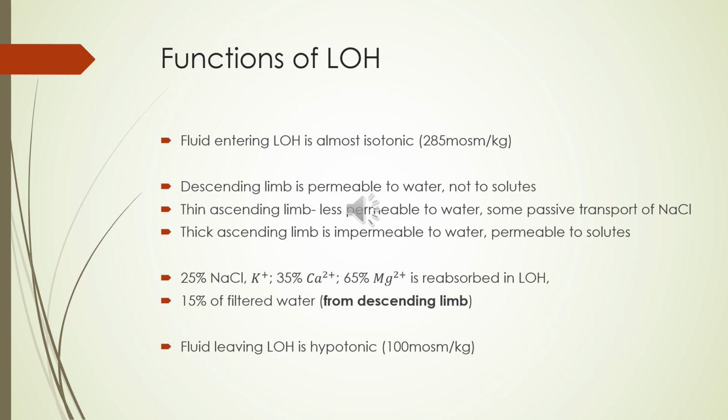So the fluid leaving the loop of Henle becomes hypotonic with an osmolarity of about 100 milliosmoles per kilogram because the solutes are reabsorbed from the thick ascending limb without corresponding water reabsorption.